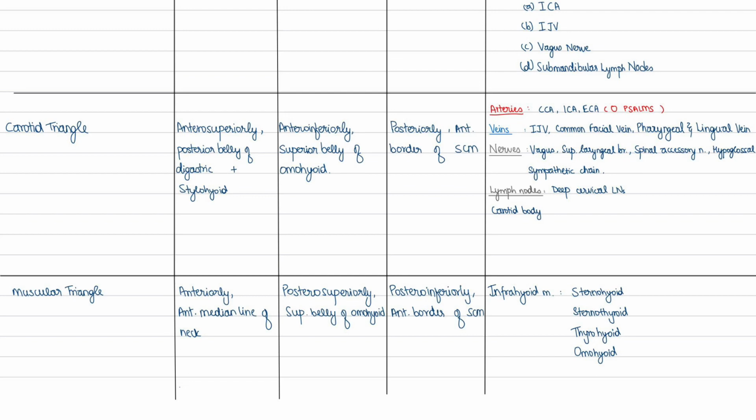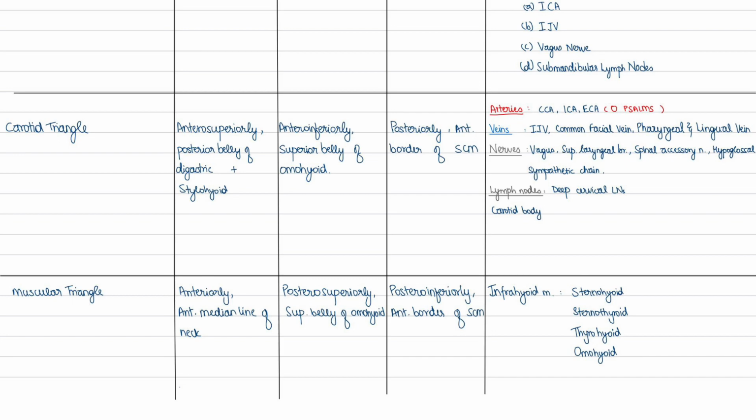Amongst the veins that are present in the carotid triangle, we have the IJV, common facial vein, pharyngeal vein, and lingual vein. The nerves are vagus nerve, superior laryngeal branch, your spinal accessory nerve, and hypoglossal, sympathetic chain as well. The lymph nodes, we have the deep cervical lymph node, and finally the carotid body.